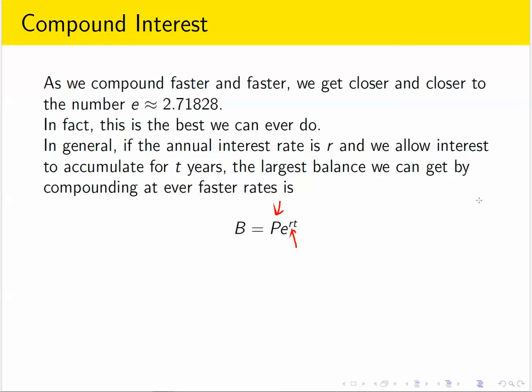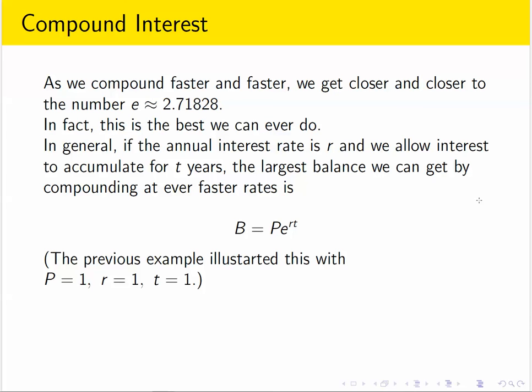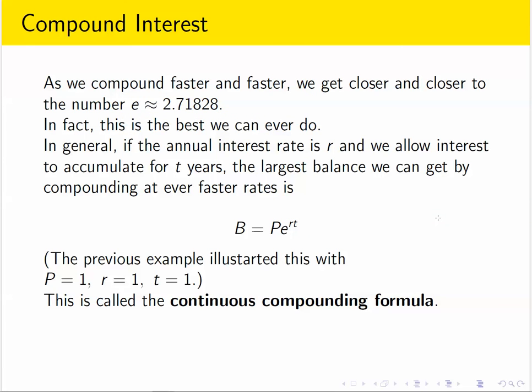It's almost as if you're compounding every single instant of time. And for that reason, this is called continuous compounding. And if you look at this formula, this gives you the exact answer we got on the previous slide. If you plug in a 1 for each of these values, you get 1 times e to the 1, which is e. So this is a formula we can use to calculate continuous compounding.